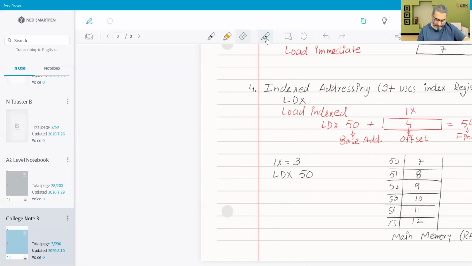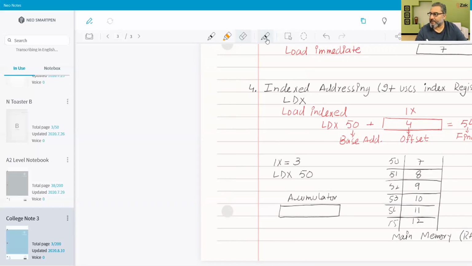So what would the accumulator have? Now see what you have written: ldx 50. 50 plus 3 becomes 53. Okay, so 50 plus 3 becomes what? 53. So the system will access data from address 53.